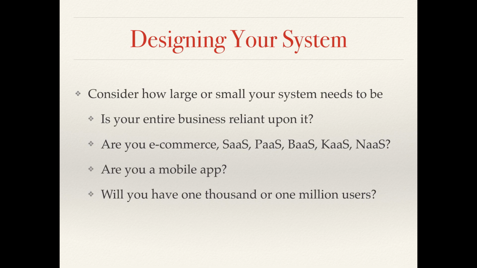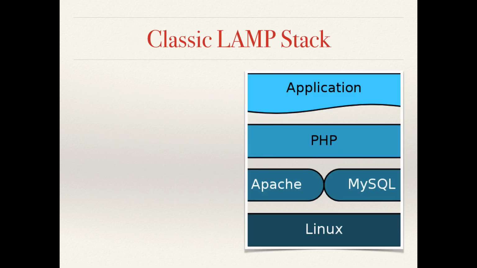Now, back in the day, we used to just throw up a classic LAMP stack, and this stood for Linux, Apache, MySQL, and PHP, and you can see an example of that stack in this graphic here. So we have the application, we have the PHP layer, and then that sits on Apache and MySQL, where Apache is serving up your PHP, and that creates your application, and all of that is on some kind of Linux stack.